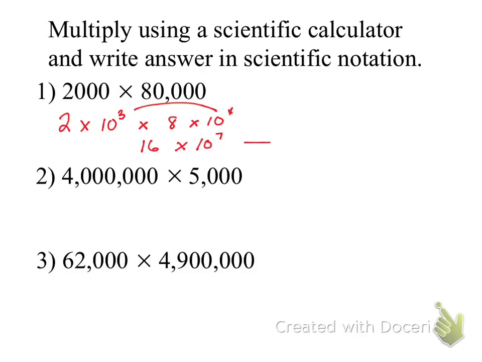But I'm not in scientific notation. If they want it in scientific notation, I have to make this number be between 1 and 10. So I have to make it get smaller, right? Because it's at 16. The decimal's naturally there. If I'm making it smaller by 1, right, and I put the decimal there, then I have to make the power of 10 get bigger by 1.